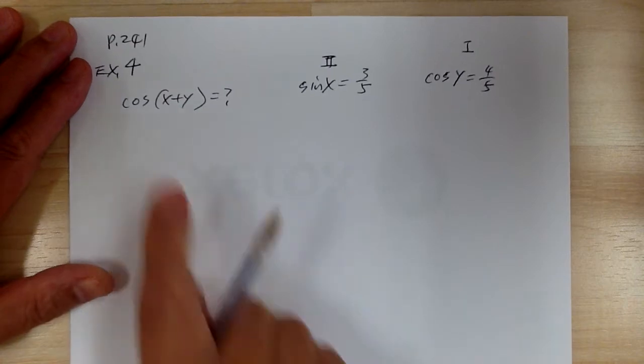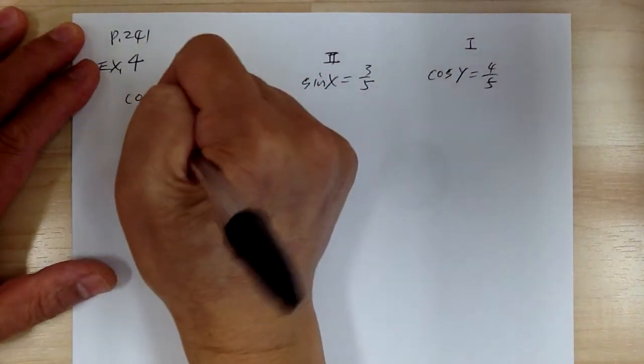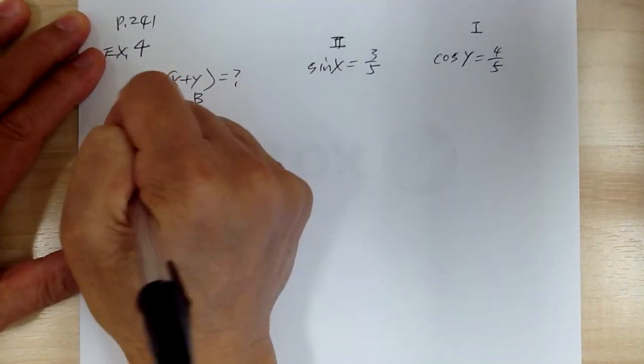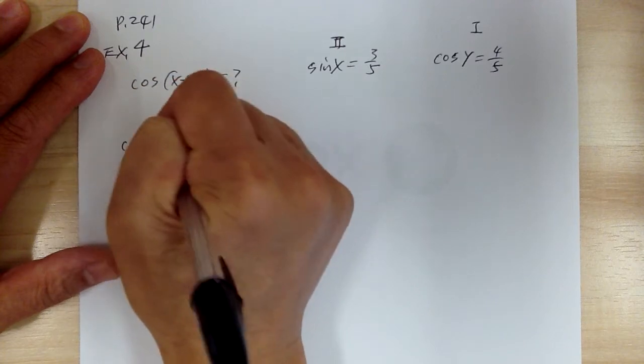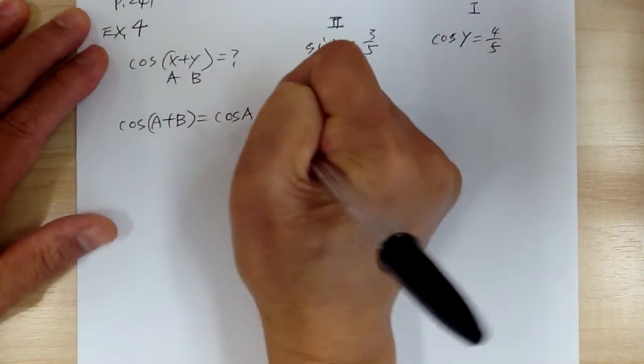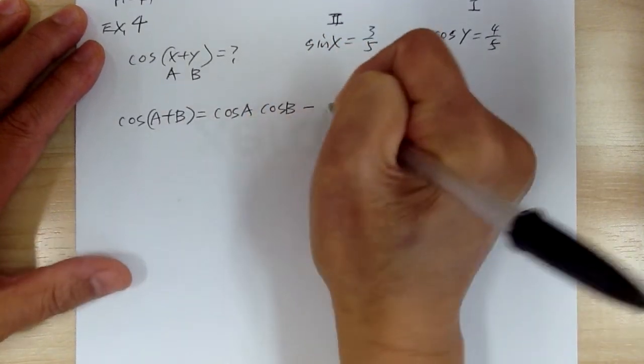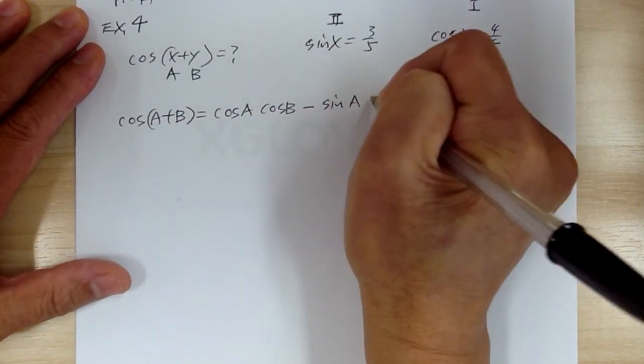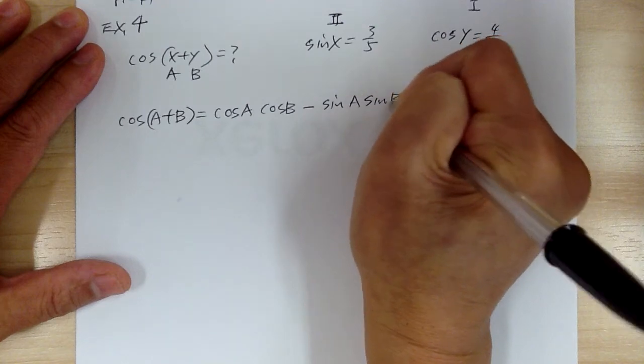So first, you need to expand that. Again, that's your A, that's your B, right? So cosine of A plus B equals cosine A cosine B minus sine A sine B.